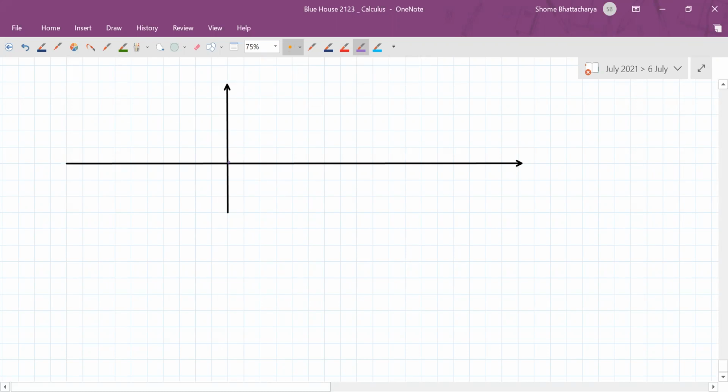So if this is your sin x graph, I'm only drawing in the positive domain just now. Okay, bring it to the negative domain also. So in comparison, the cos x graph is actually like this.